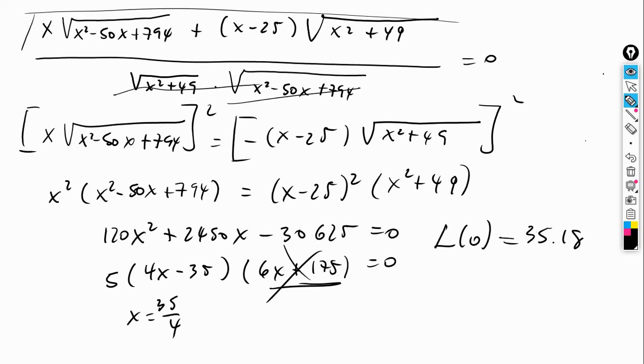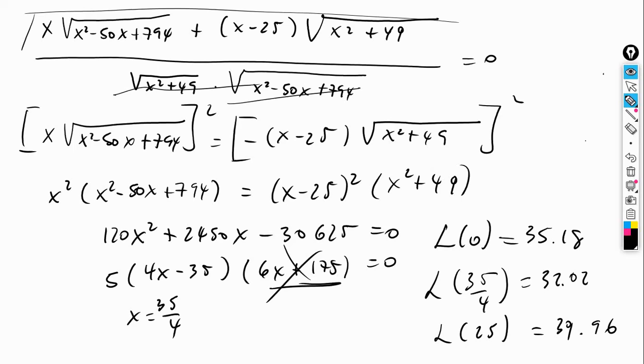If you plug in 35 fourths, it's going to give you 32.02 approximately. And then if you plug in 25, you're going to get 38.96. So this clearly here is the lowest value, the lowest outcome, at least for the length.